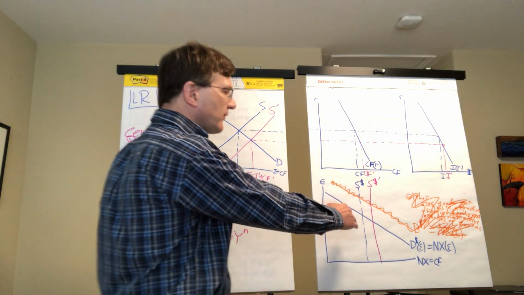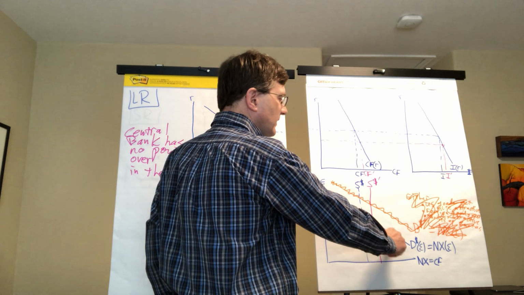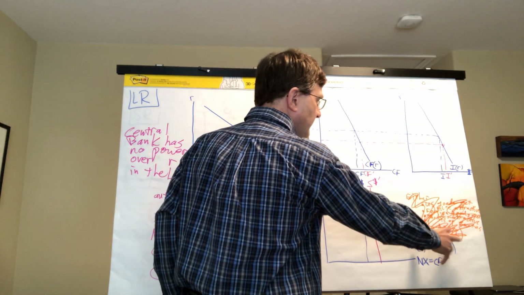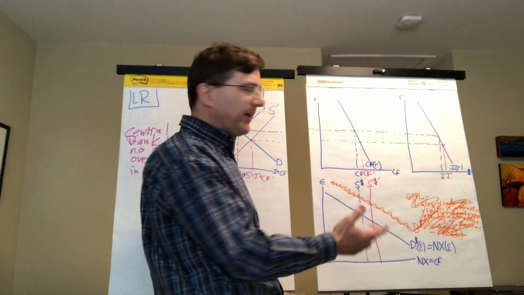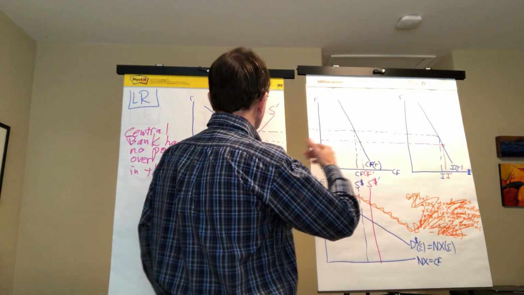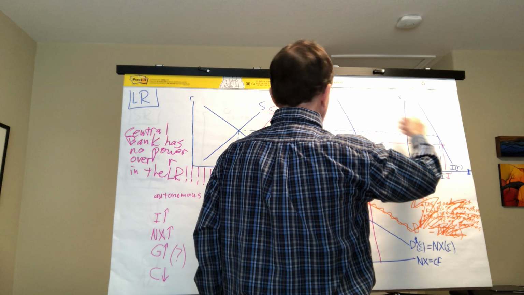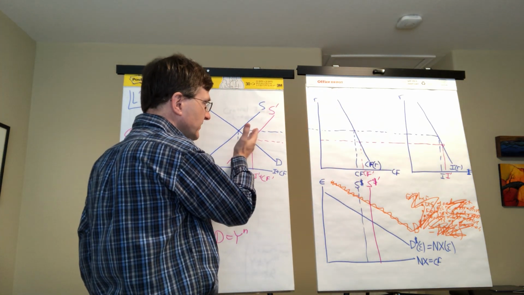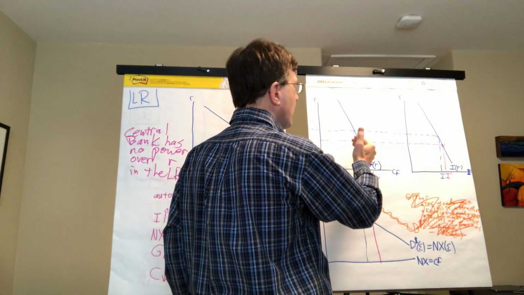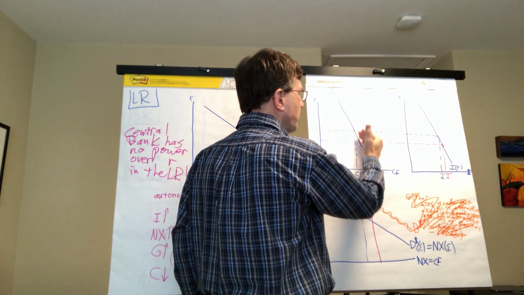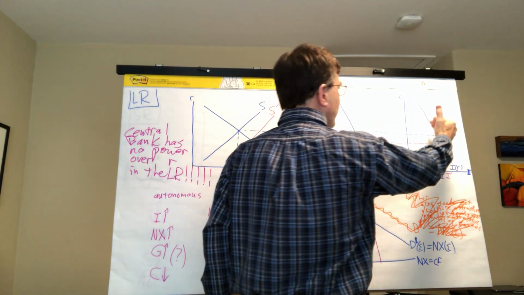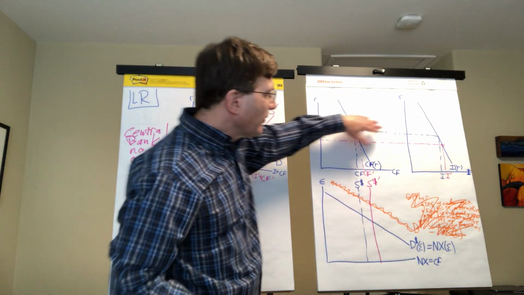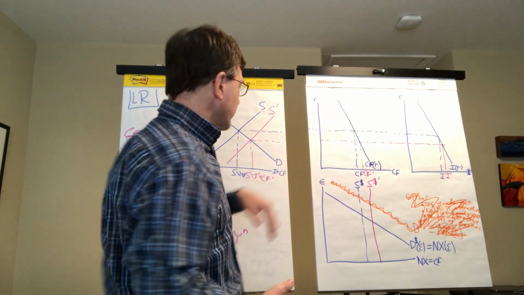Well, first of all, the demand for dollars and the net exports as a function of the real exchange rate, same thing, that can shift. We can have the saving curve shift, the supply of loanable funds, or we can have capital flow as a function of the interest rate, or investment as a function of the interest rate shift. So these are the 2 that we haven't done yet. That's where we're going to head.